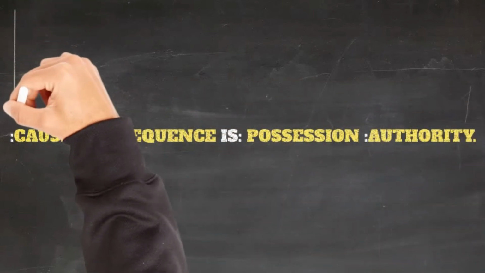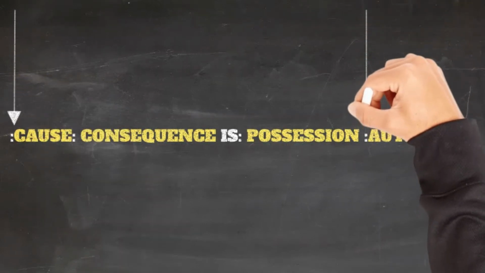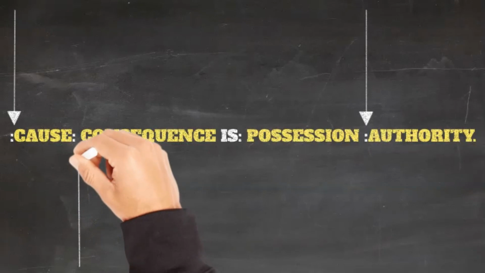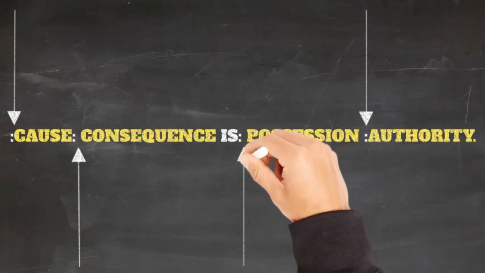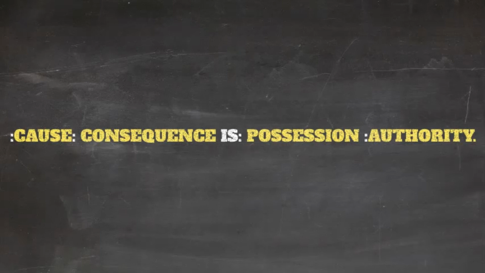Notice how the full colons at the cause and authority have no space between them, while the full colons at the consequence and the possession have a space. Each dot in the full colon is a word and a space. We must follow this sequencing for our sentences to be certified forward and backward.